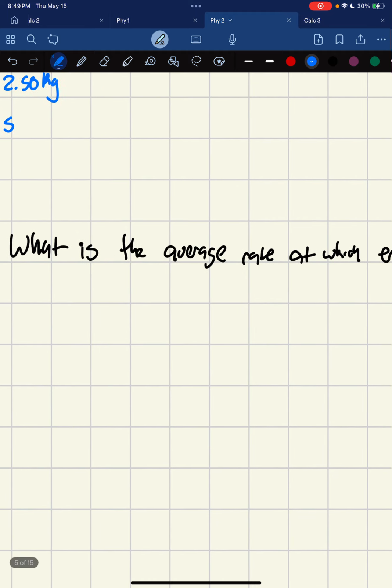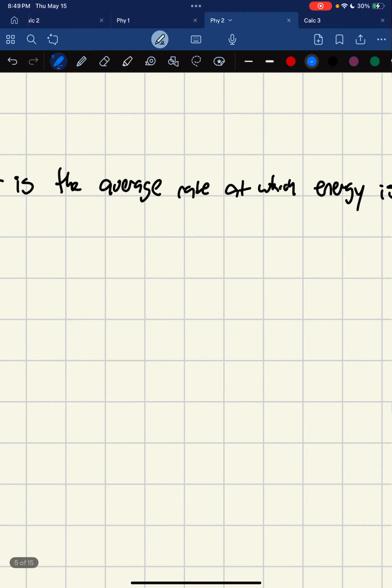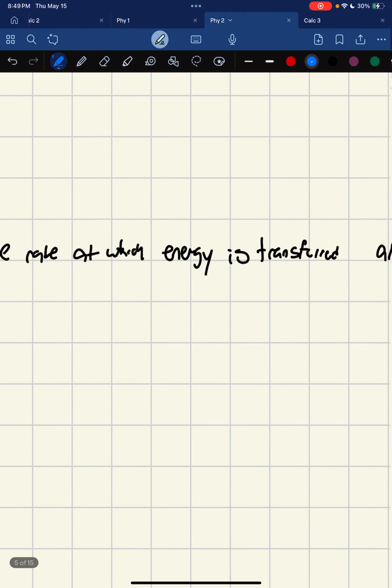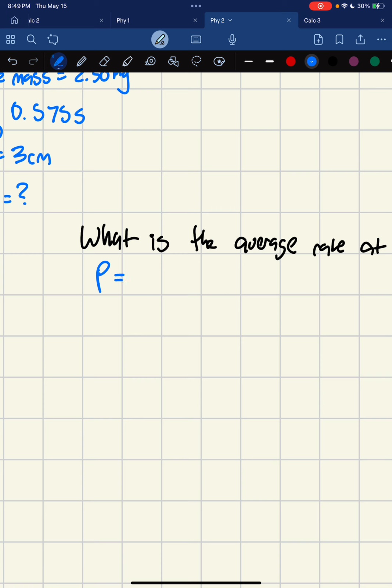So to solve for the average rate at which energy is transferred along the rope, it's asking for power. And I know that the formula for power is equal to 1/2 of the linear density multiplied by the angular frequency squared multiplied by the amplitude squared, and then that's multiplied by the wave speed.